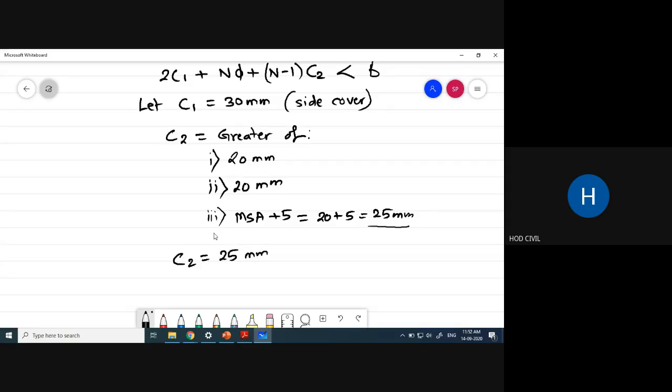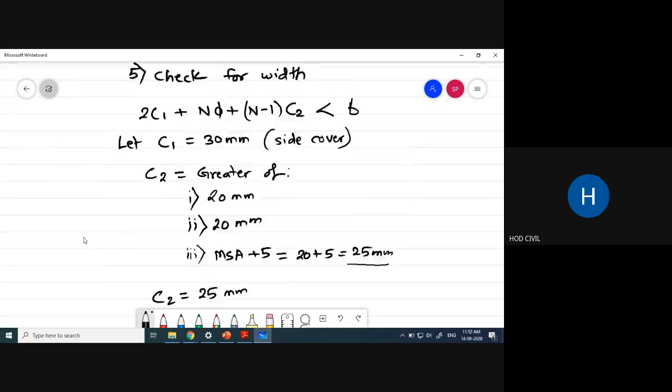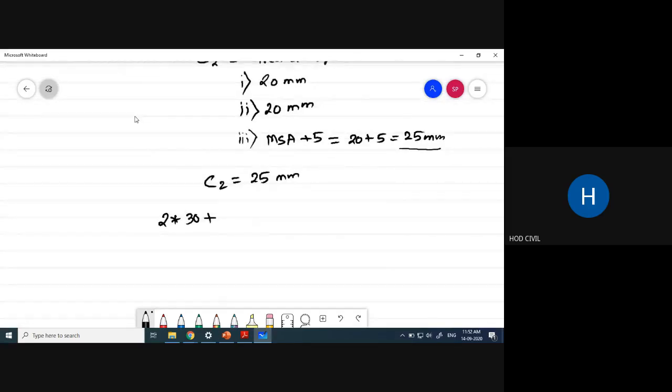Okay. So let us put all these values in this equation. 2C1, so this is 2 into 30, plus N phi, N is 4, phi is 20, plus N minus 1 into C2, which is 25. What is this value?